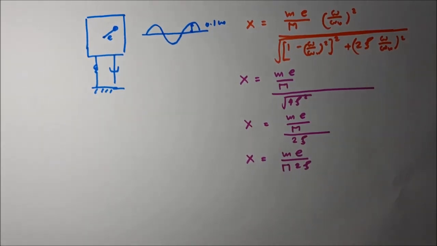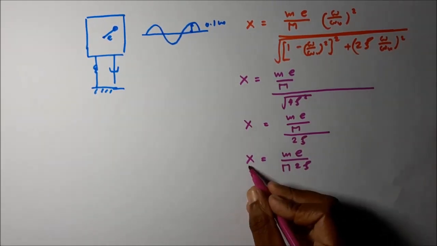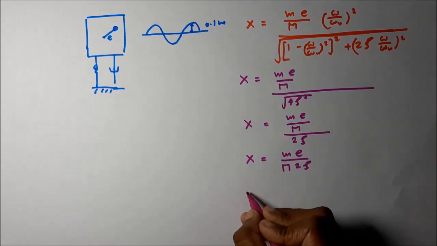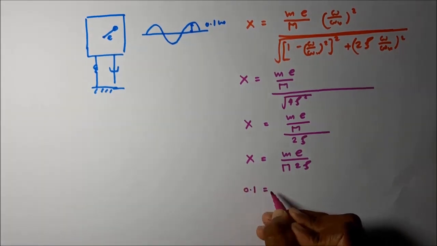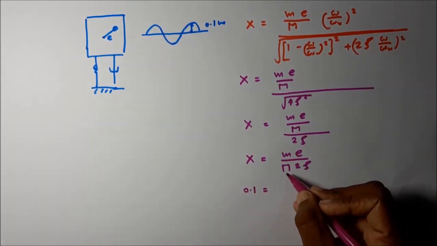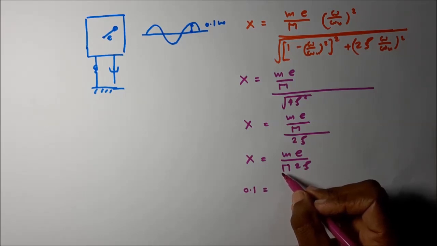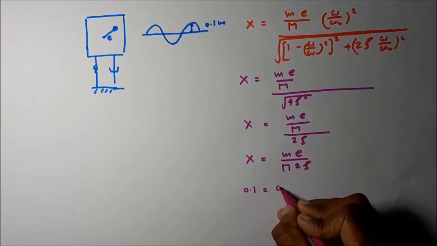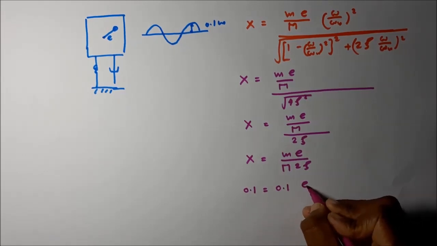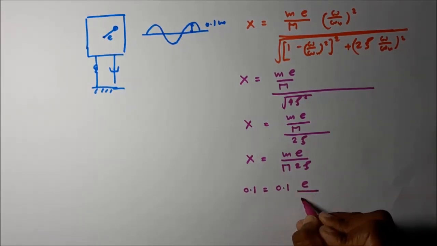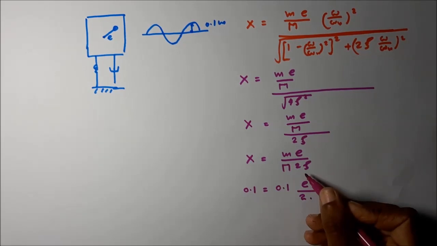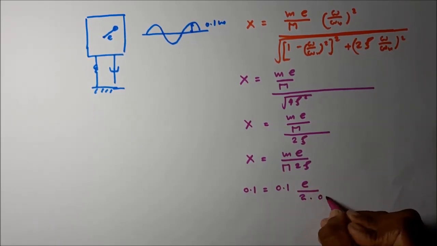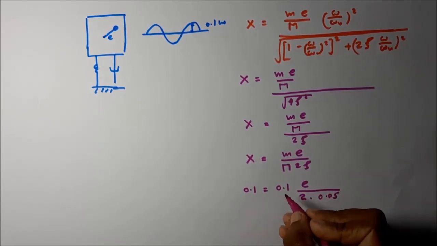Then x as measured is equal to 0.1. The ratio m divided by M is obtained from the data sheet, and that is equal to 10%, which means 0.1. Then for zeta, that is given as 0.05.